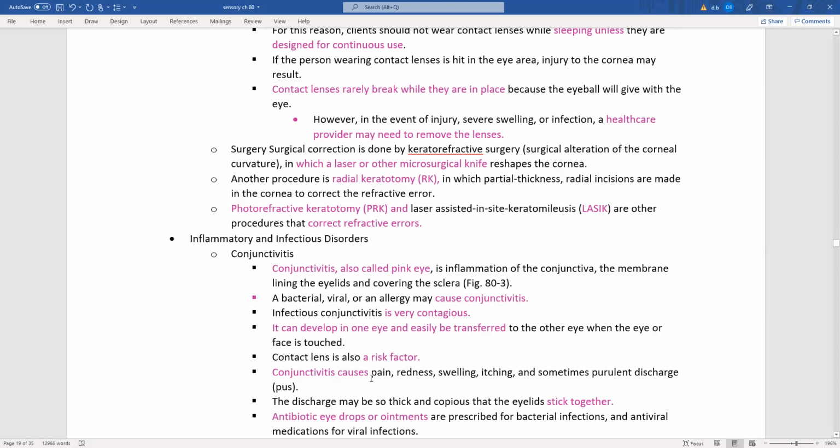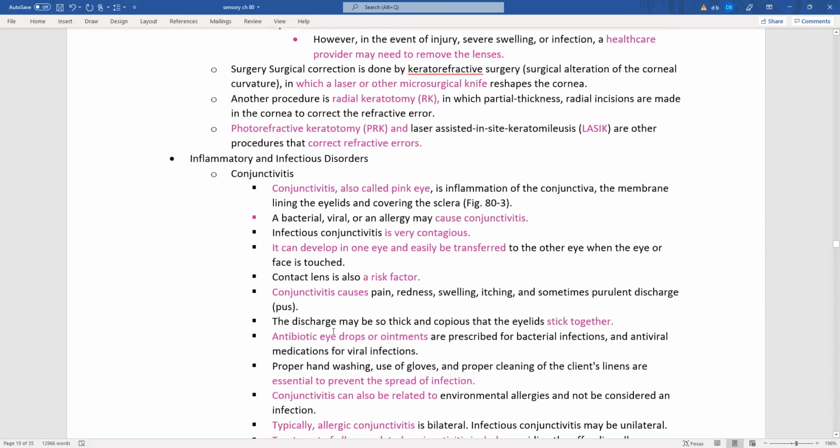The discharge may be so thick and copious, meaning a lot, that the eyelids stick together. Antibiotic eye drops or ointment are prescribed for bacterial infections and antiviral medications for viral infections.